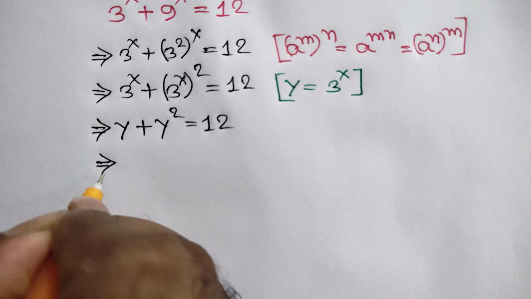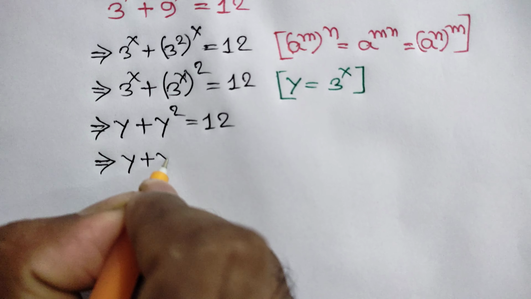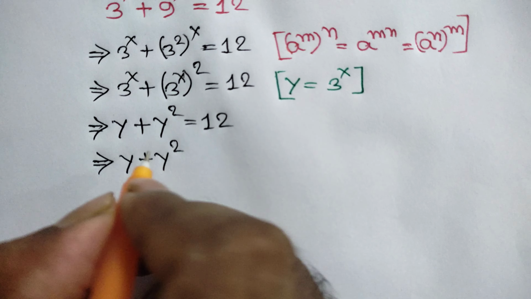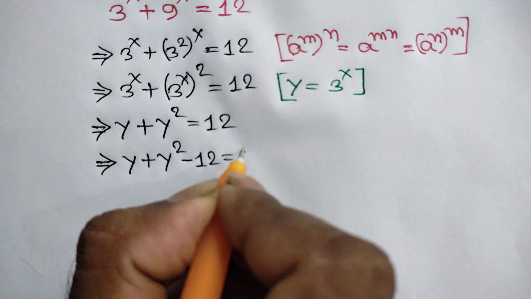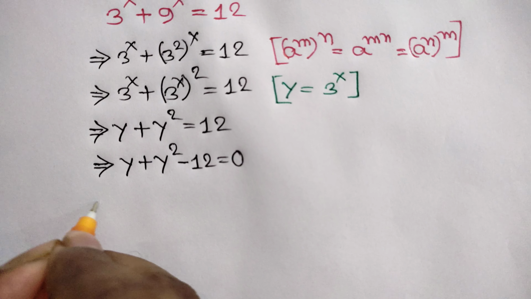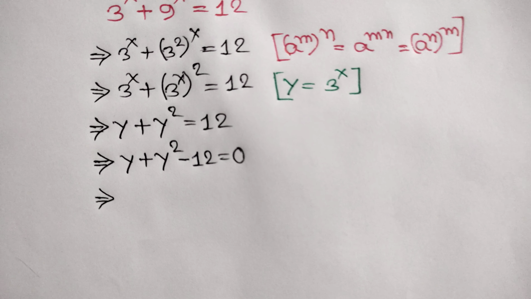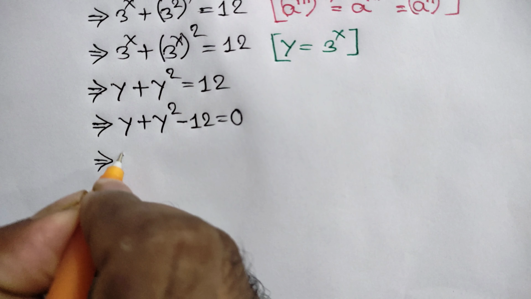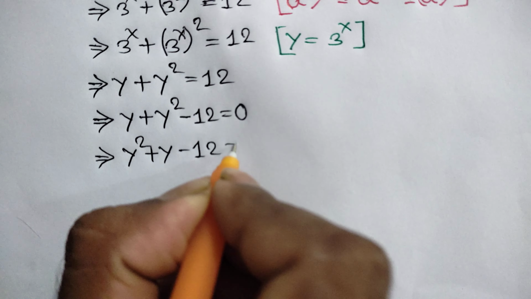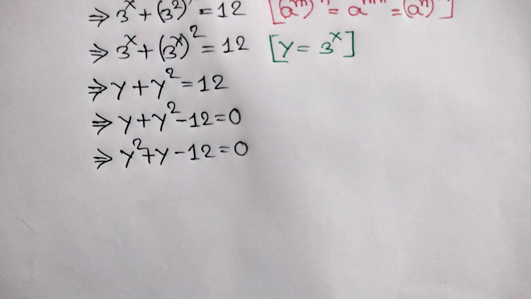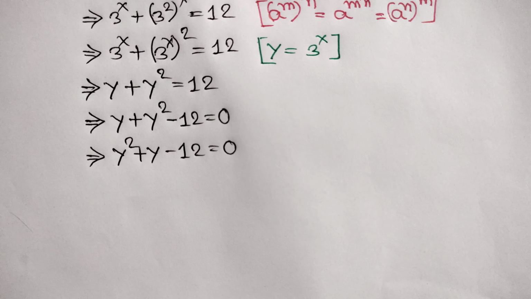Now taking this 12 to the left side, we will get y plus y squared minus 12 is equal to 0. Rearranging the left side, we can write y squared plus y minus 12 is equal to 0. This is a nice quadratic equation.